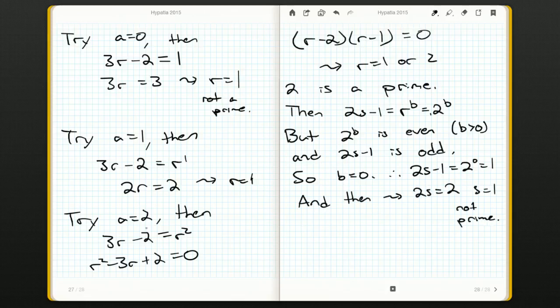So that was if a is equal to 2. What if a is equal to 3? Well, we're going to get some cubic equation, and that's really hard to factor. So that suggests to me, because the cubic formula is not well known, that perhaps this is as far as we need to go, and there's some argument.